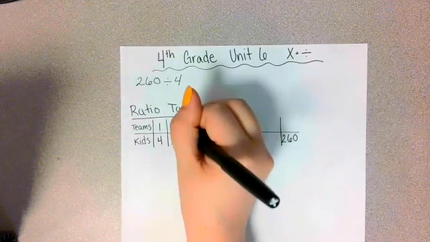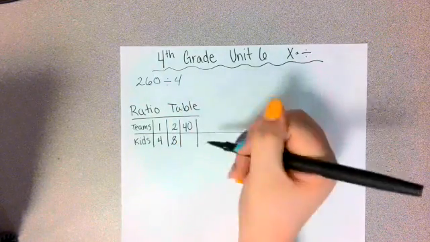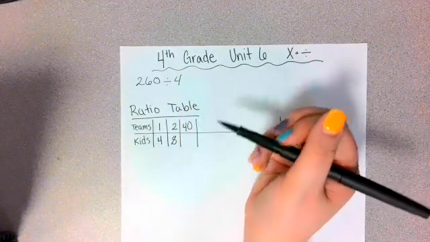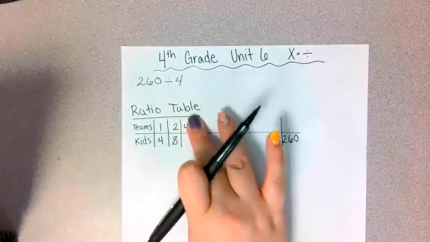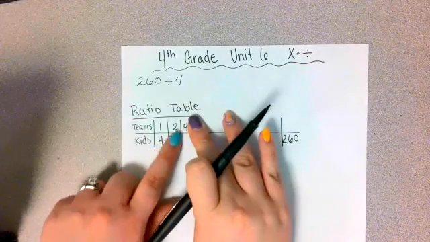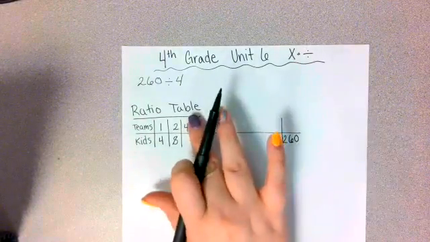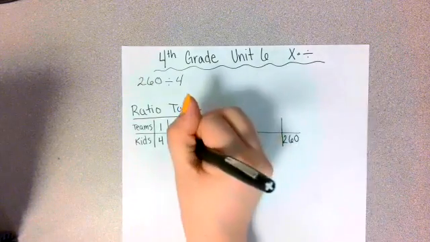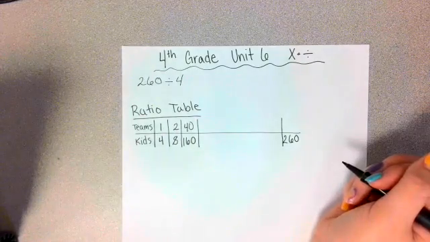Well, I'm going to try 40 just because it's a nice big number. And whenever we have multiples of 10, we've talked about how you can cover up the 0 and then it's 4 times 4, but you have to put that 0 back on. So 4 times 4 would get me 16, and we put the 0 back on for 160.